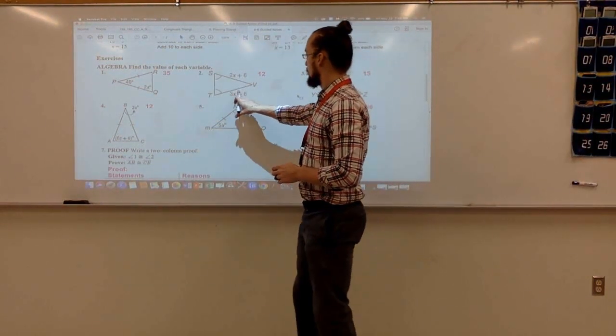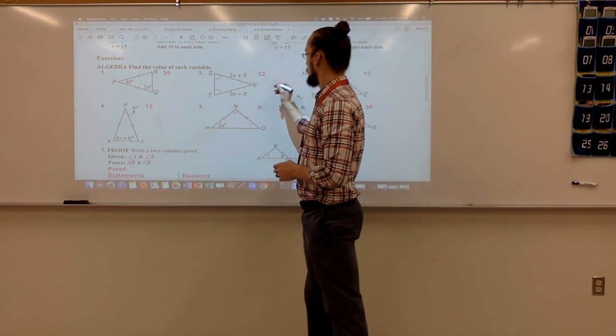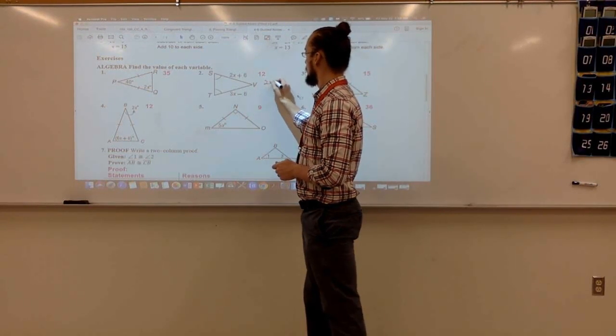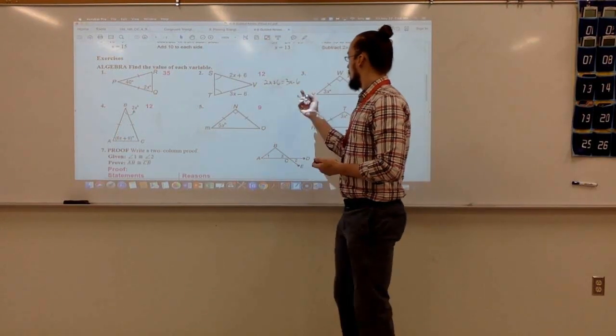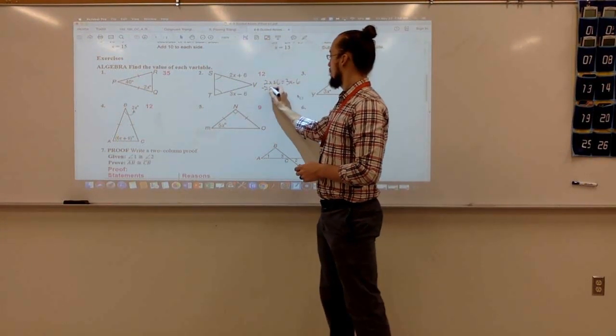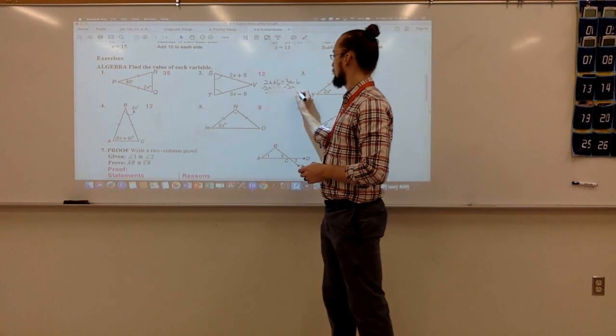Well, let's see. So these two sides should be congruent. So we can say 2x plus 6 equals 3x minus 6. So we'll get the variables on one side. So I'll subtract the 2x over here.